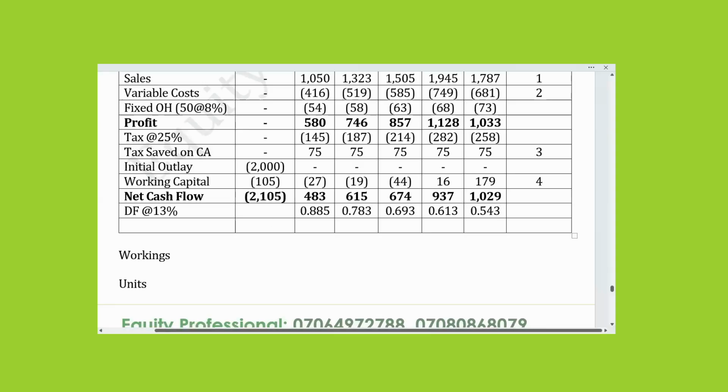So you then multiply with the net cash flow. That will give us present value. So what's the present value for year one? 2105 for year zero. For year one, 427. Year two, 482.